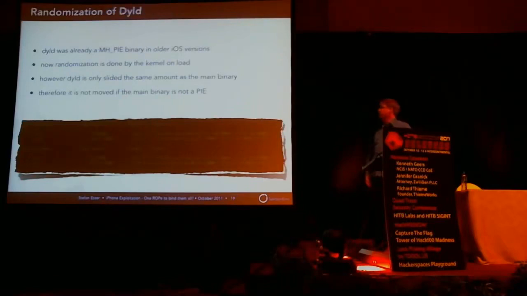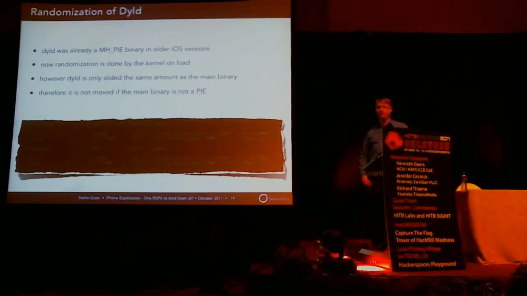When we look at the dynamic linker, it was always a binary with location information, so it would be possible to move it around all the time, even in old versions. But the kernel didn't do that. Nowadays, the kernel will randomize on start of an executable. However, the dynamic linker only slides if the main executable is slid, and only by the same amount.